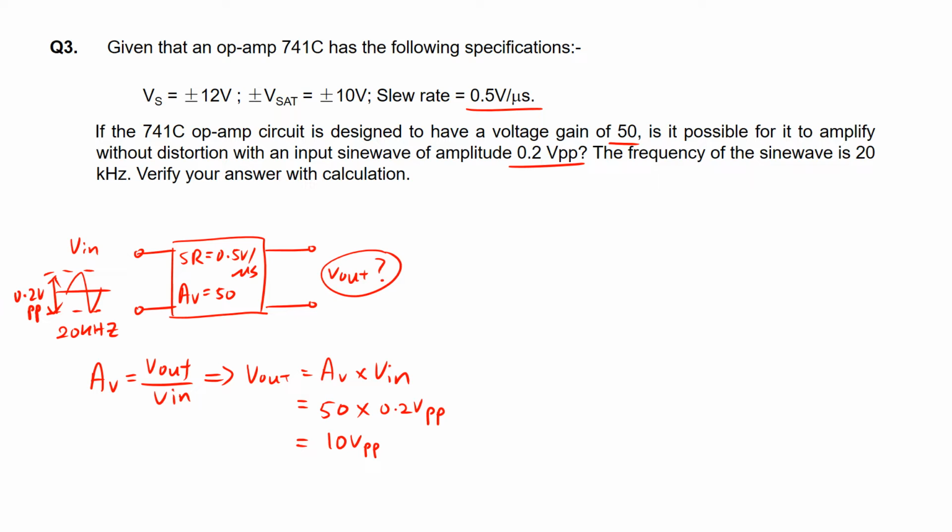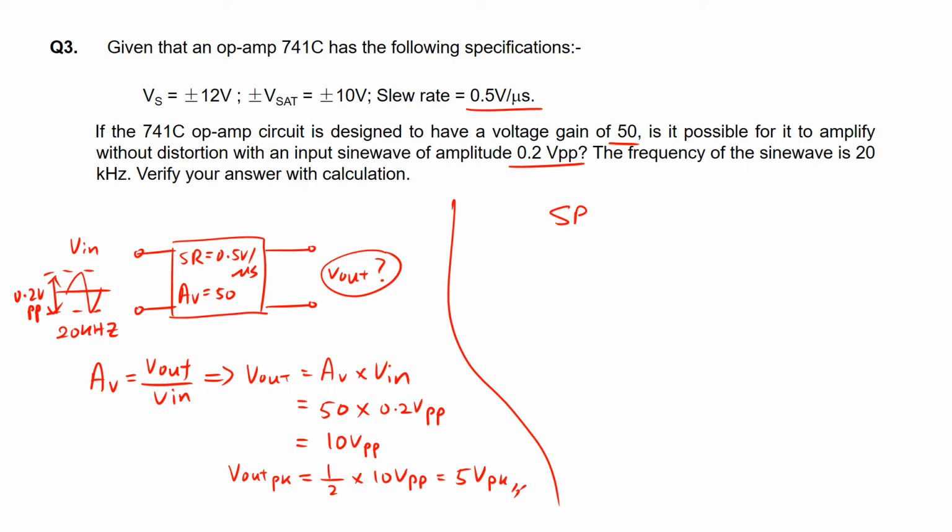From here we calculate the output voltage peak value. It's half of 10 volts peak to peak, which equals 5 volts peak. We are going to make use of this value of 5 volts peak in the equation for the slew rate.